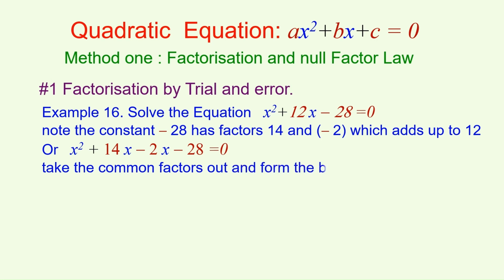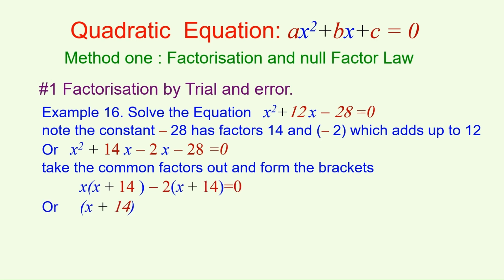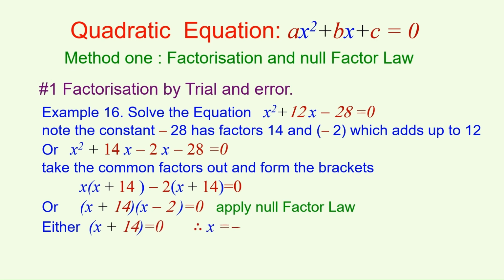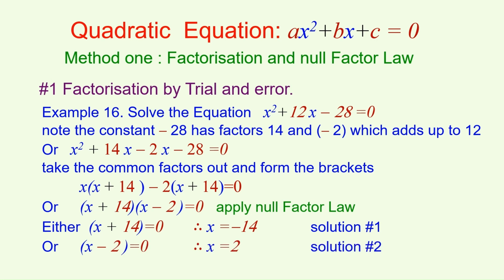Take the common factors out and form the brackets. x times x plus 14 minus 2 times x plus 14 equals 0, or x plus 14 times x minus 2 equals 0. Apply null factor law. Either x plus 14 equals 0, therefore x equals minus 14 is the solution number 1, or x minus 2 equals 0, therefore x equals 2 is the solution number 2.